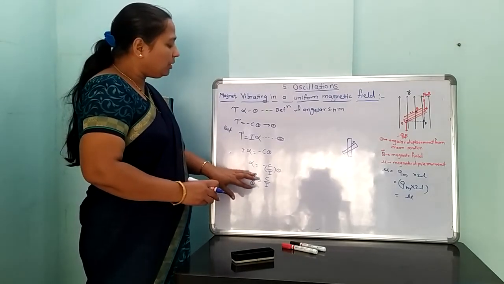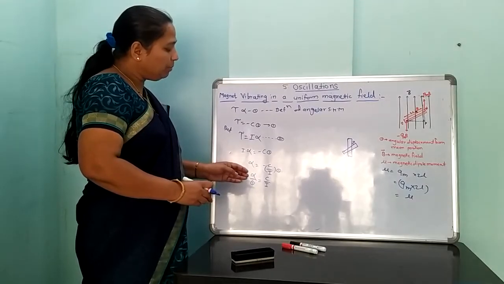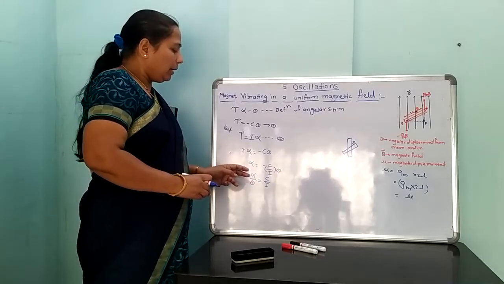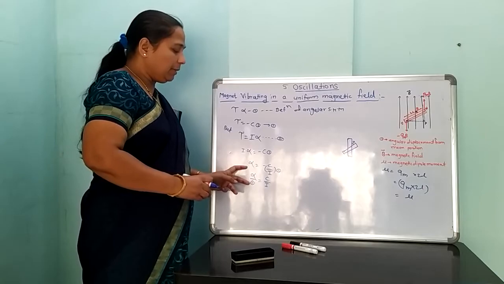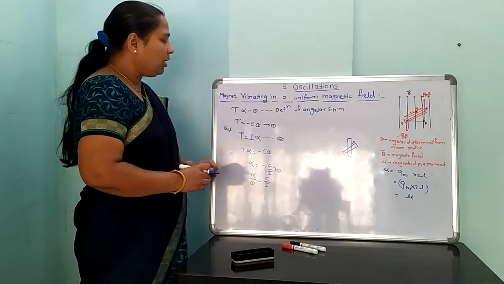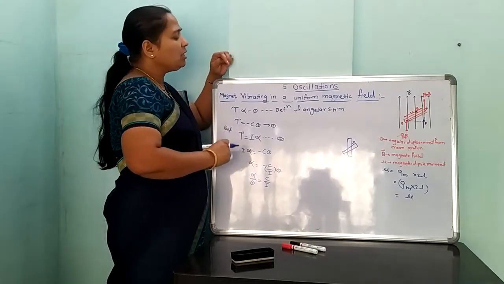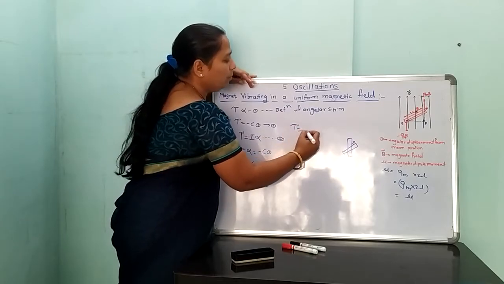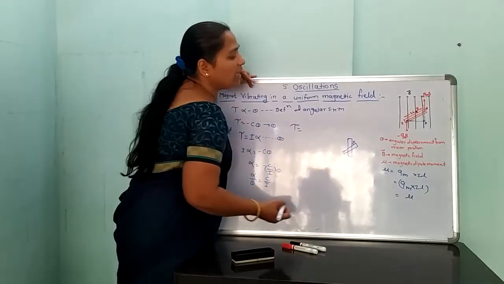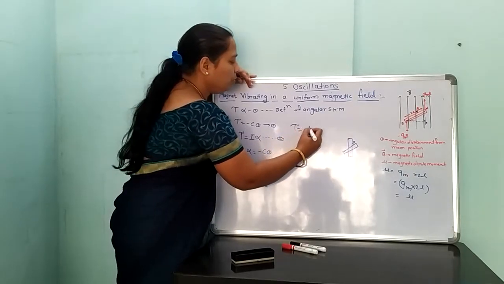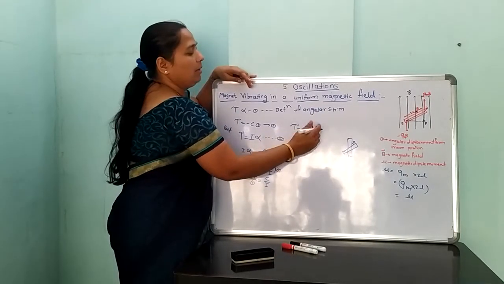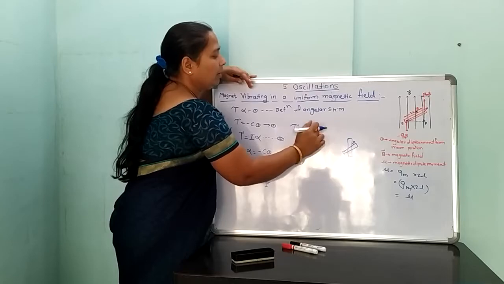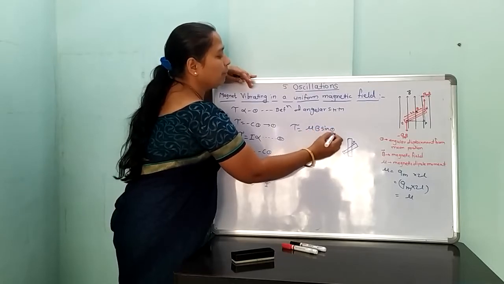Alpha upon theta means angular acceleration per unit displacement, which is equal to C upon I. In terms of the magnetic field, torque is equal to QM into twice L, denoted by mu, into B sin theta.